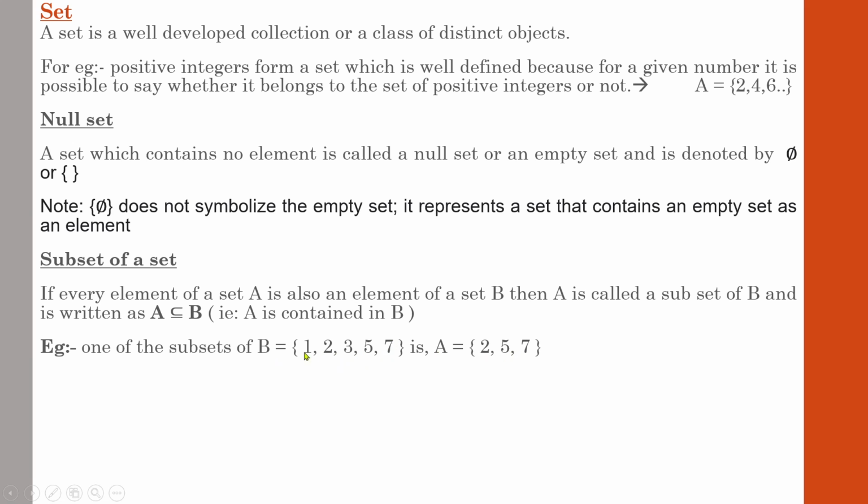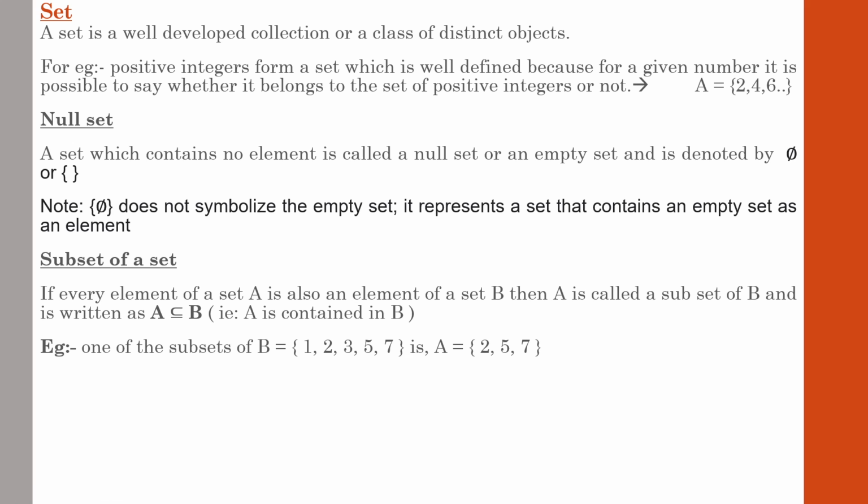So you can see that this one is bigger, this one is smaller. Usually the bigger one is the main set, and the smaller is the subset of the bigger set. That is the concept. But not all smaller sets are subsets of the bigger set. Only under this condition will a smaller set be the subset of the bigger set.